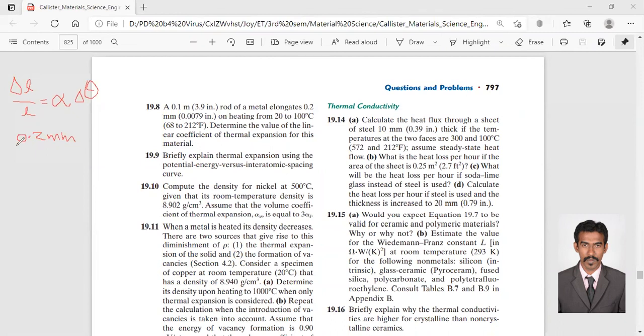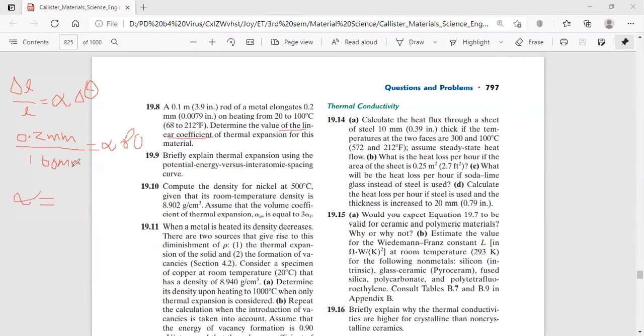L is given, that is 0.1 meter, so I can put it as 100 millimeter. Delta L upon L is equal to alpha into delta theta, and the question is alpha, the value of the linear coefficient. Delta theta is given, 80. So from this you can calculate alpha. That would be 0.2 upon 80 into 100, so that will come as 2.5 into 10 to the power minus 6.